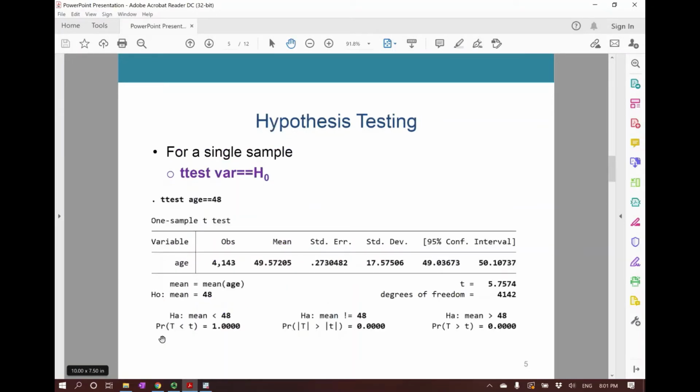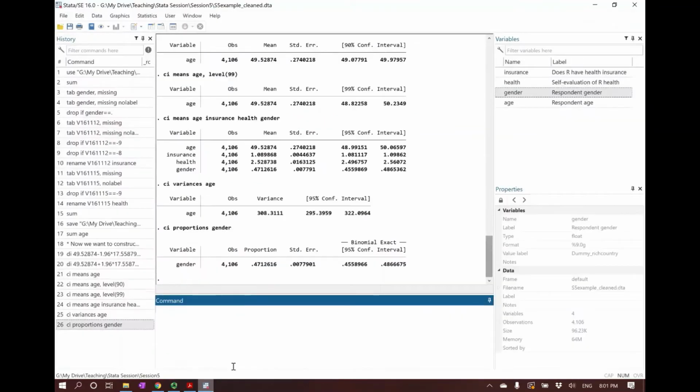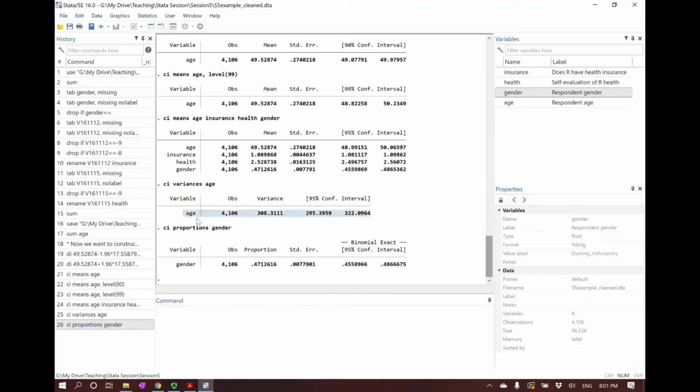The next one we're going to talk about is hypothesis testing. All the commands today are very simple. It's just a matter of being able to read the Stata output. Okay, so suppose now we would like to test whether the mean age of the whole US population is above 48, right?